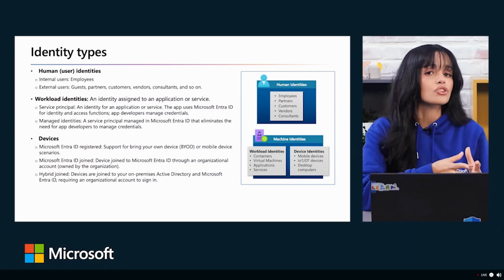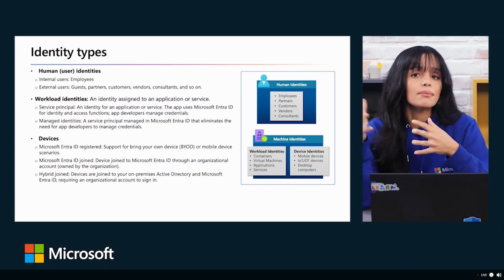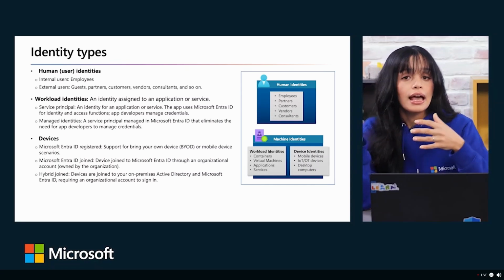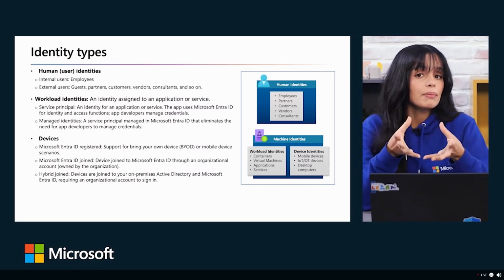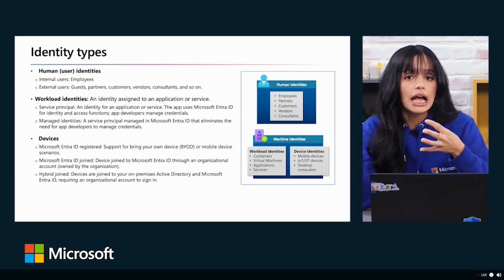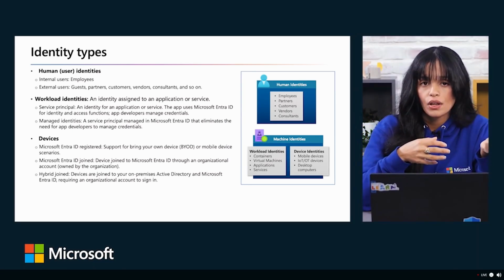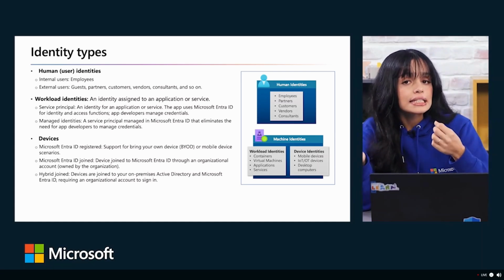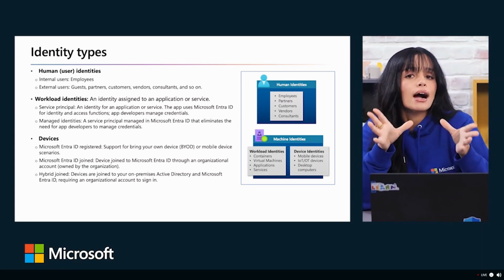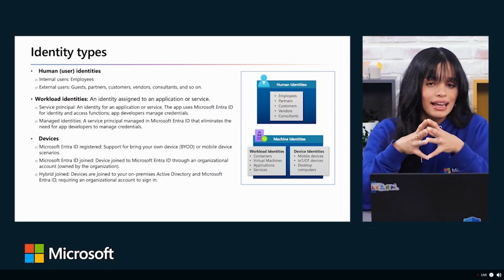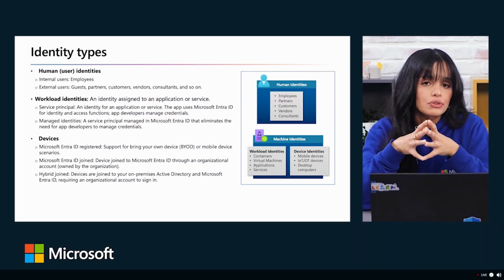In Microsoft Entra ID, workload identities are service principals and managed identities. A service principal is essentially an identity for an application that delegates its identity access functions to Microsoft Entra ID, while managed identities are a type of service principal that are automatically managed in Microsoft Entra ID and eliminate the need for developers to manage credentials.